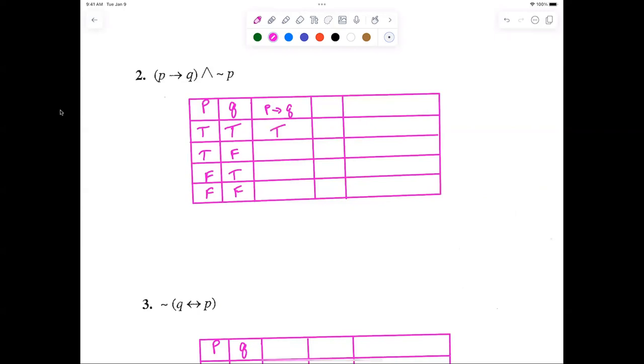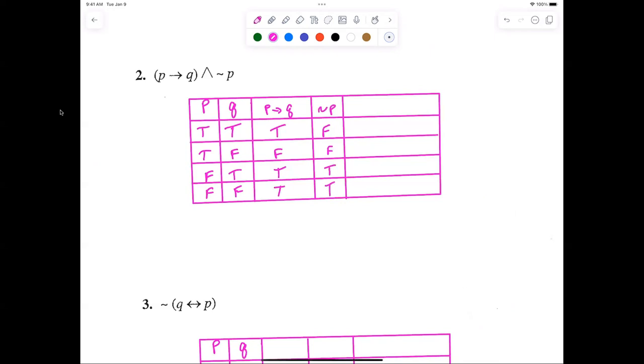True, false, true, true. That's not hard, correct? And then the next one we're doing is what? Not P. Not P is what? Opposite. Which is false, false, true, true. Does everybody agree with that?